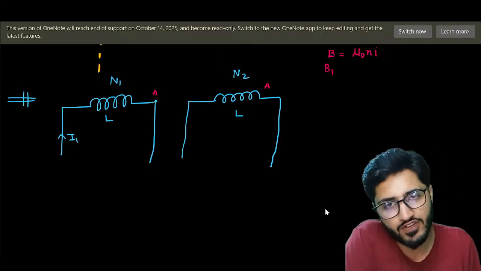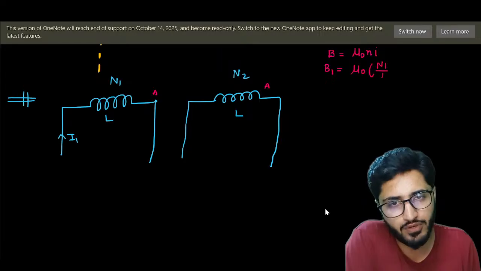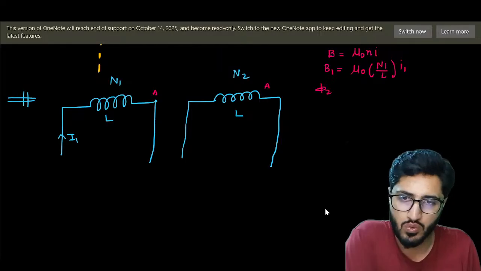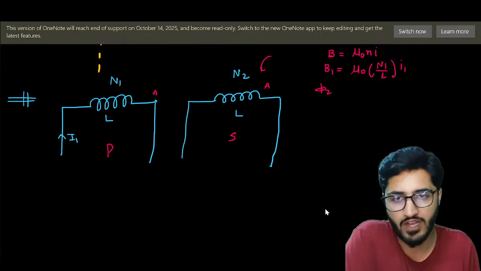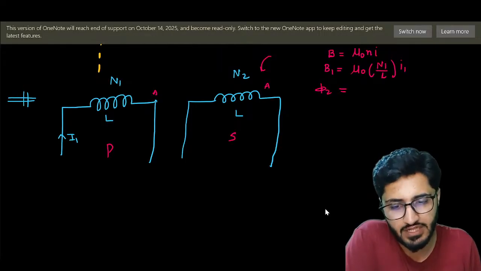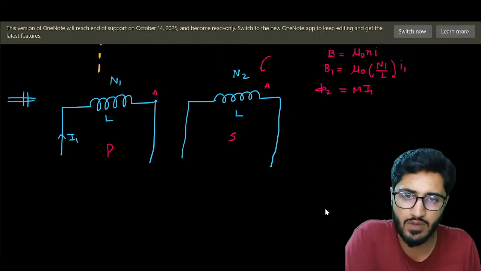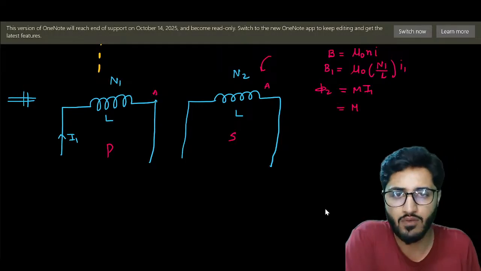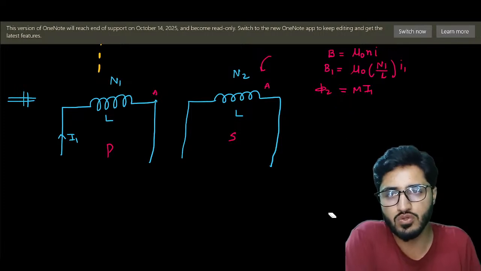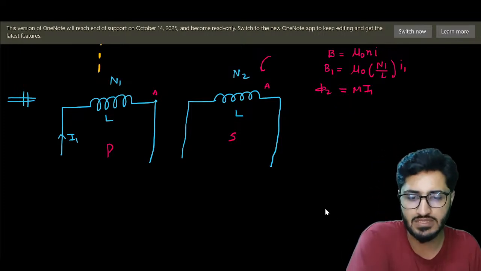Magnetic field of the first one is mu naught N, where N means N1 per unit length, times I1. What is phi 2? This is the primary, this one is the secondary. Phi 2 is simply equal to M times I1. So phi is equal to M times I1.